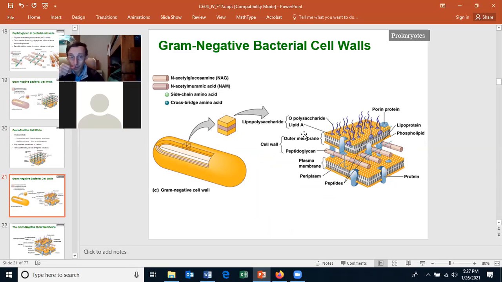Lipid A is important because it's an endotoxin, and that means all gram-negative cells that have a cell wall have an endotoxin. Any question about any of that? Endotoxins are toxins, and toxins are toxic to us, so any exposure to a toxin is generally a bad thing.